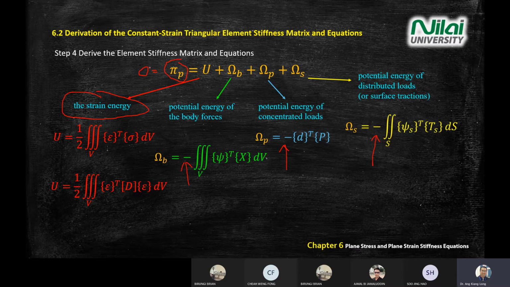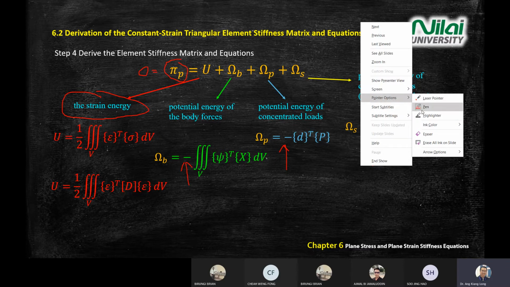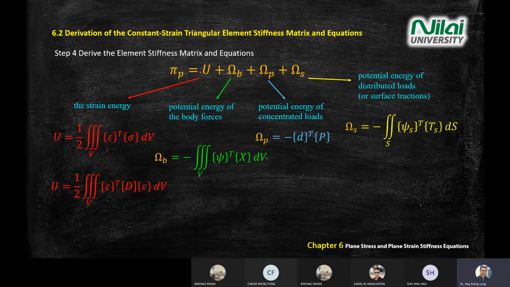So at the end, you'll get zero for the system. There's a mathematical reason: we need to balance the system. So we have a positive for strain energy, and negative for body forces, concentrated load, and distributed load. Just take note.